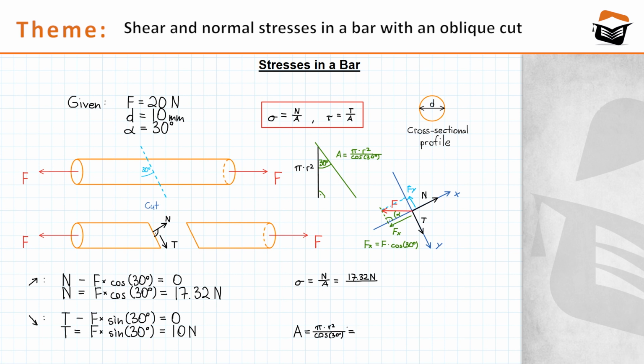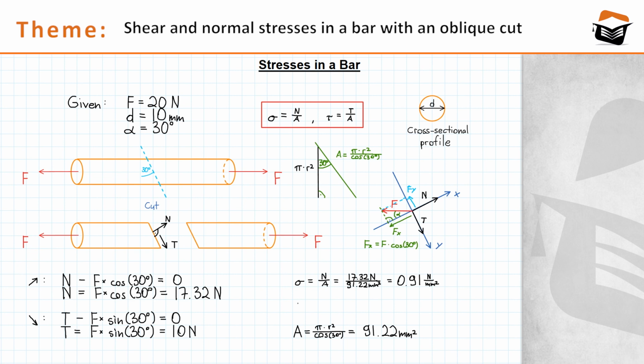The cross-sectional area is roughly 91.22 square millimeters. Okay, we're gonna plug that value into this denominator. And the normal stress turns out to be 0.91 Newton per square millimeter. So that's the stress that acts perpendicularly to the cutting area of the bar.